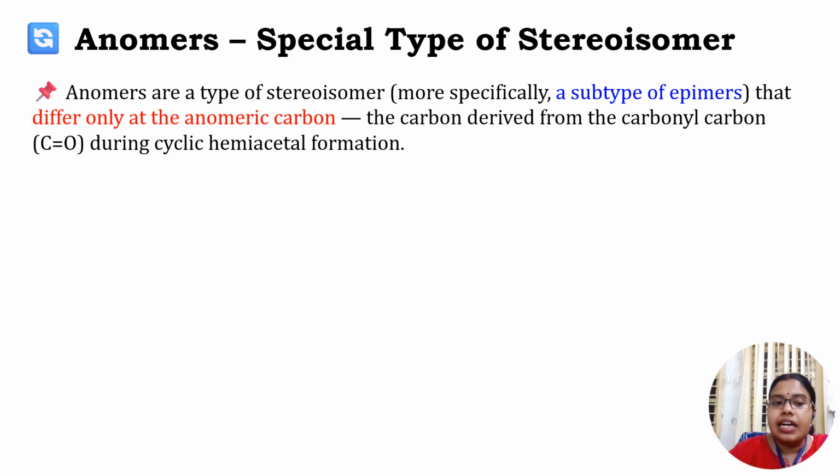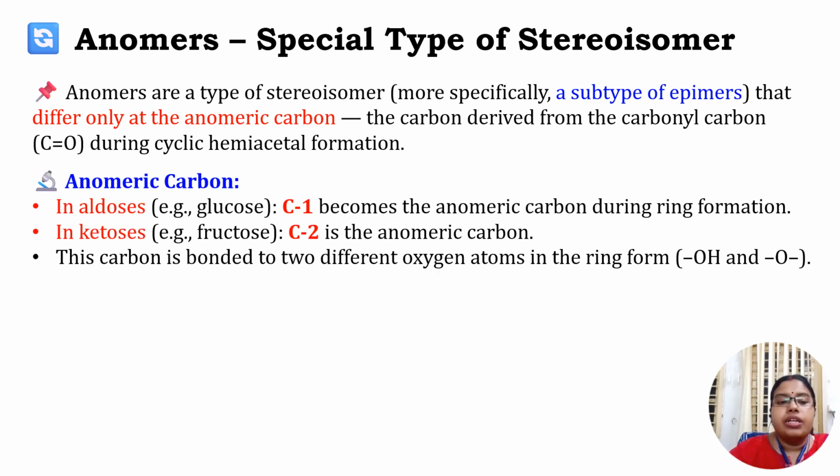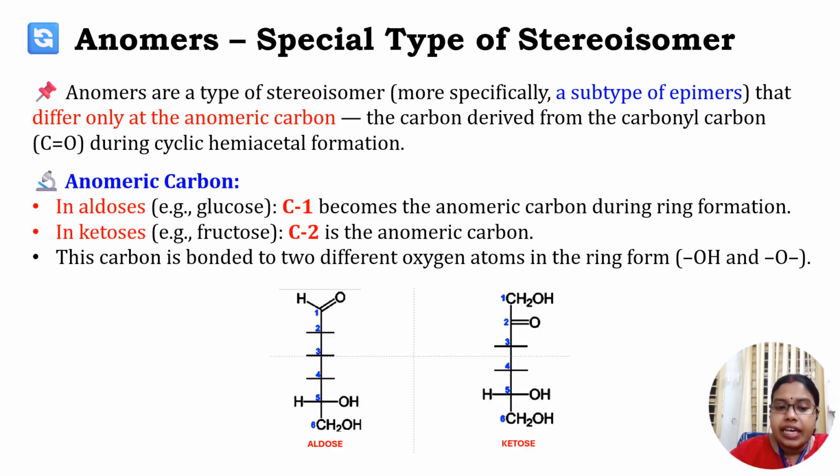So if the configuration differs only at the anomeric carbon, we can say they are anomers of each other. In an aldose, C1, where the aldehyde group is, is the anomeric carbon. In a ketose, C2 is the anomeric carbon.